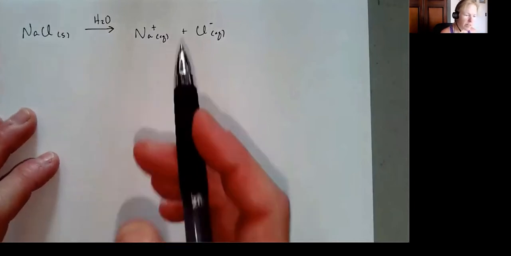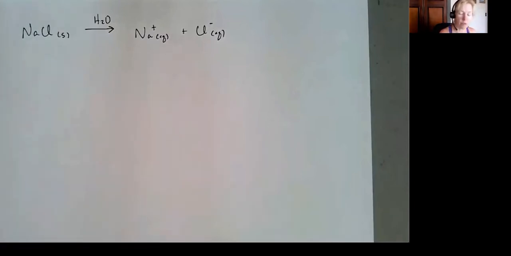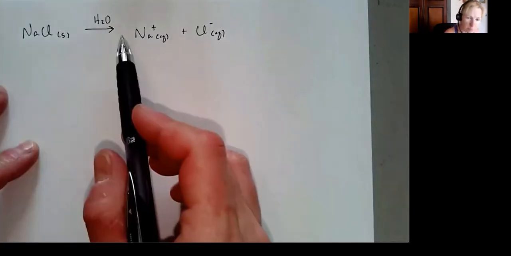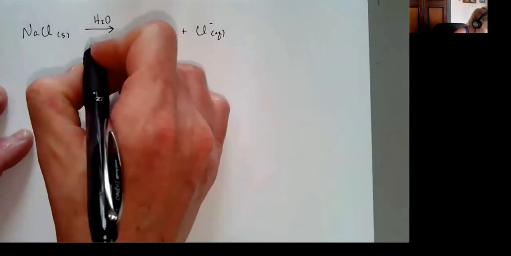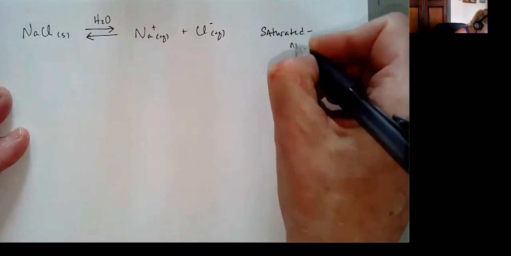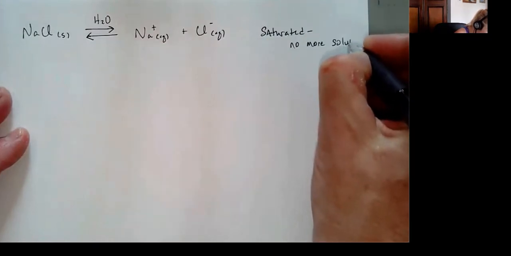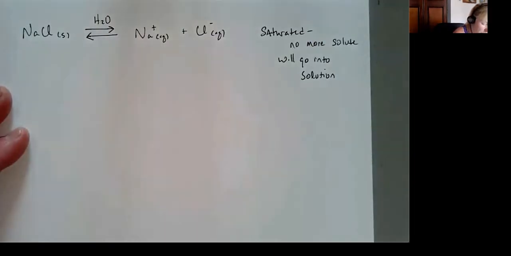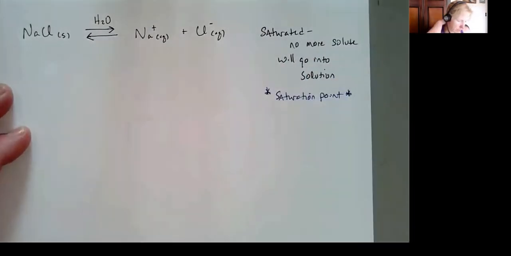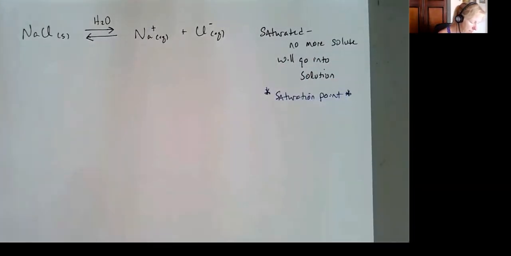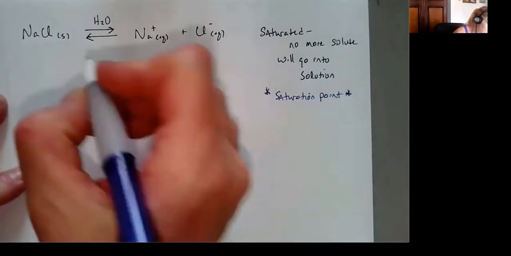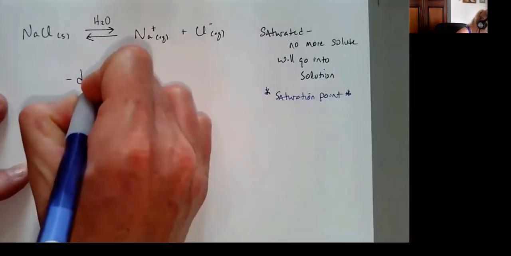But at some point I'm going to have too much solute and I'm going to stop being able to dissolve it. At that point, we would call that saturated. No more solute will go into solution. This is called the saturation point. When you're at the saturation point, you're really at a place that's also called dynamic equilibrium.